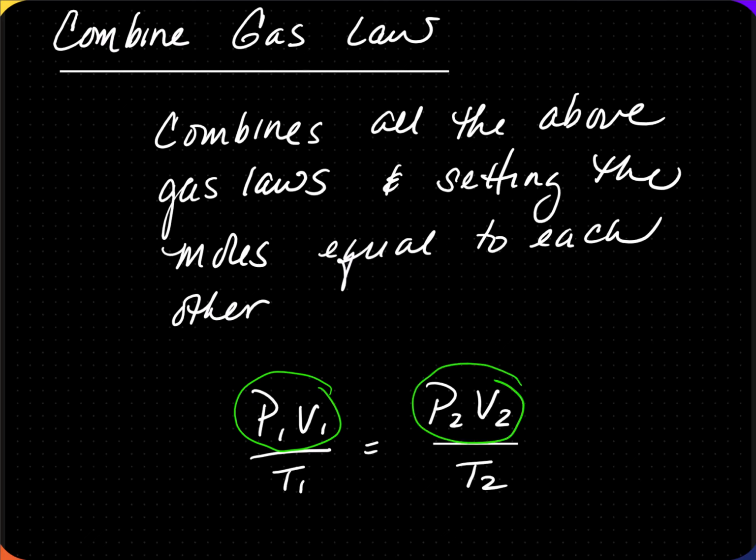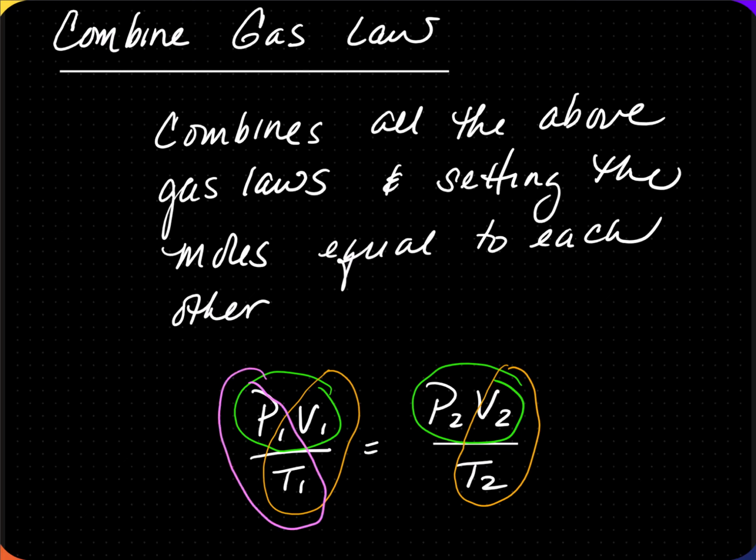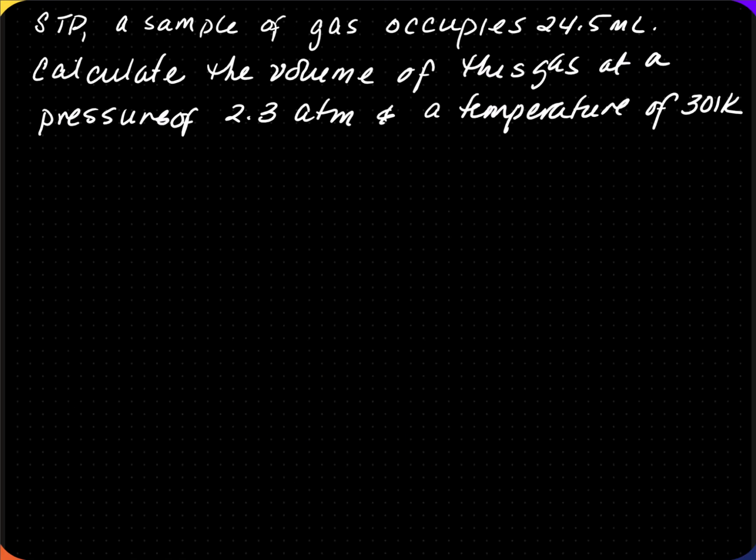If I cover the pressure, we have V1 over T1 equals V2 over T2, which is Charles' law. If I cover the volume, we have P1 over T1 equals P2 over T2, which is Gay-Lussac's law.